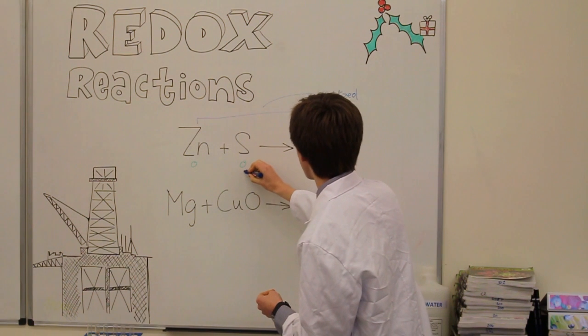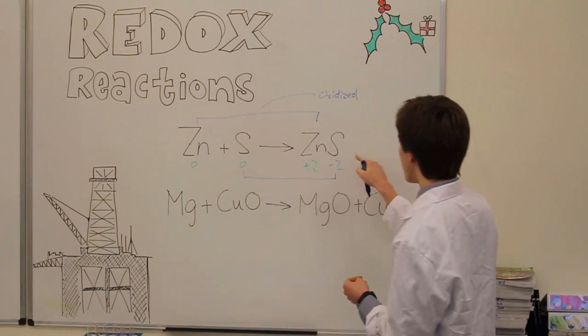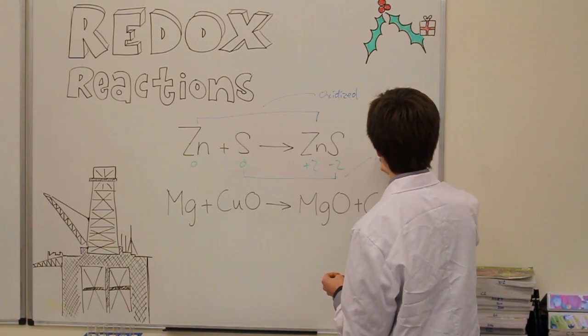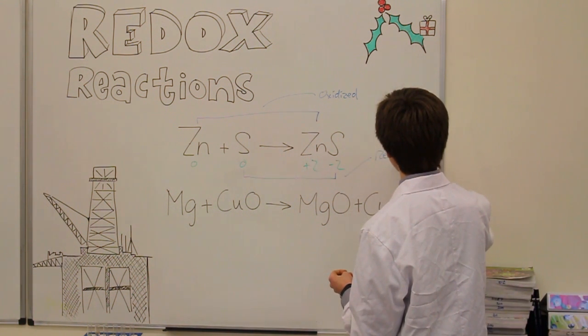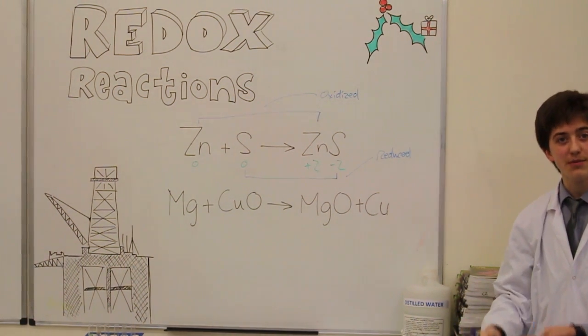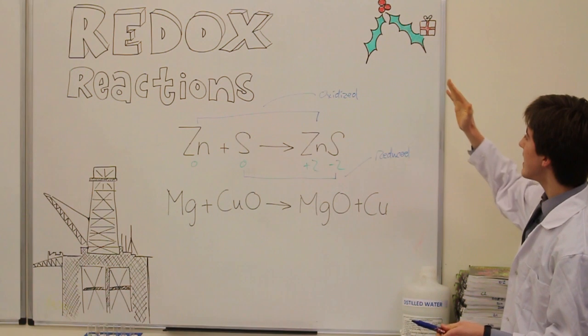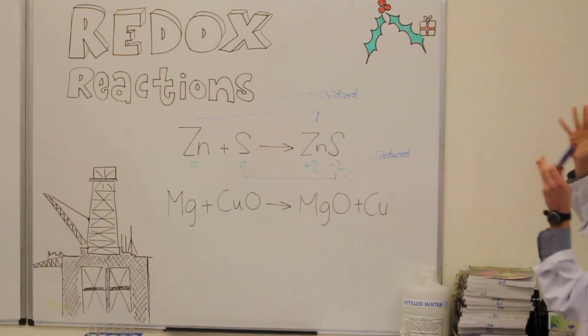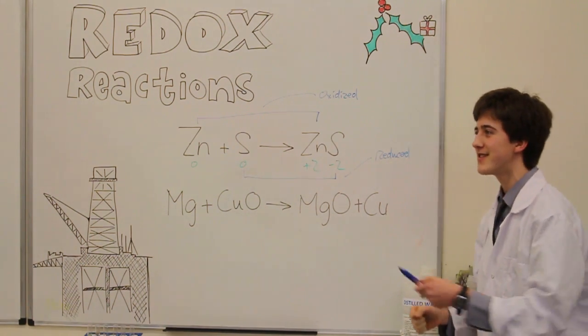We can see that sulphur is going from 0 to -2. It is hence gaining 2 electrons, and as a result it is being reduced. Now, the definition of a redox reaction is a reaction in which both oxidation and reduction simultaneously occur. So, we can see that oxidation is happening, yes. Reduction is happening, yes. Therefore, this reaction is a redox reaction.